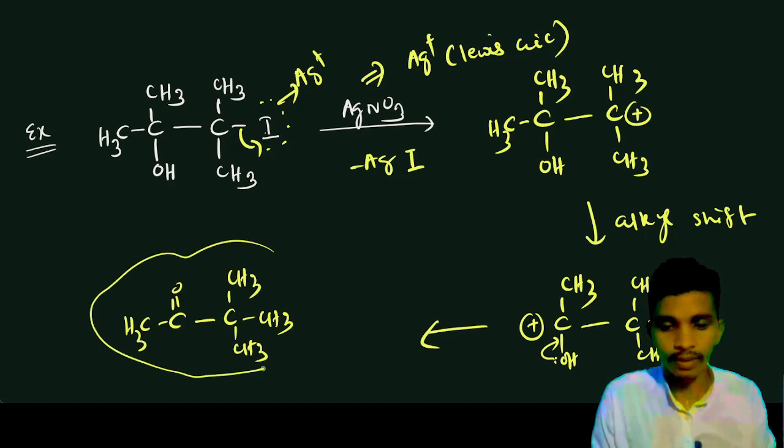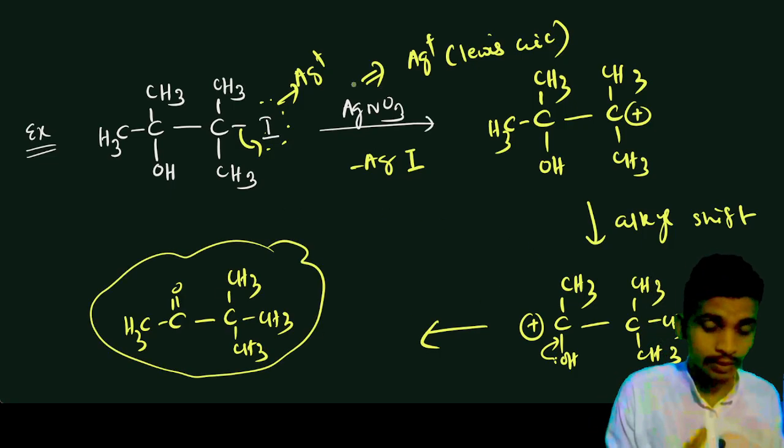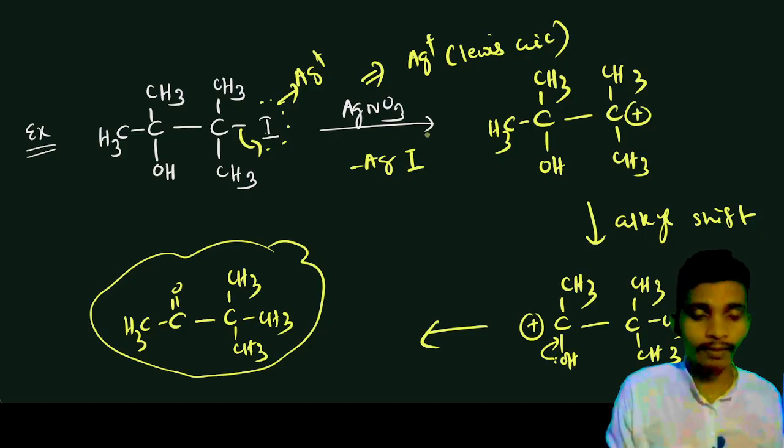So this is the final product for this question. So likewise the same procedure will be followed as in the Pinacolone rearrangement, except that here we will not need to give any acidic medium, because the reagent will take that. After that the same rearrangement will occur as in the Pinacolone rearrangement, meaning the alkyl shift, the same things will occur.